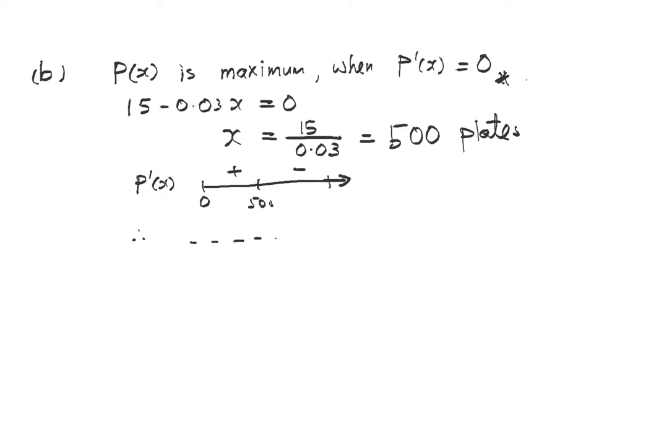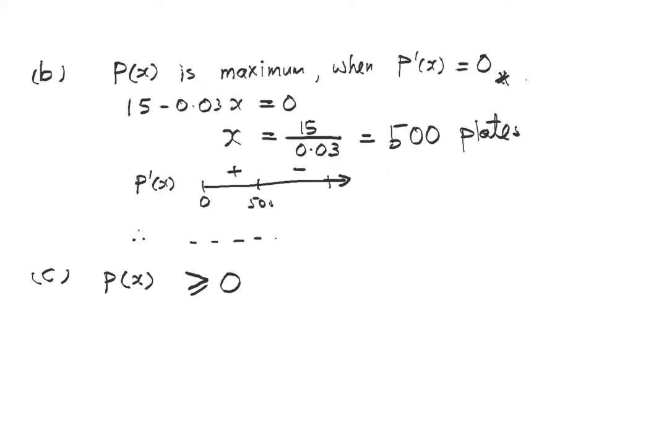Okay, so for part C, correct? When we talk about business, anyone want to run at a loss? No, you are not going to run at a loss, correct? So that means your profit must always be greater than or equal to 0, correct?